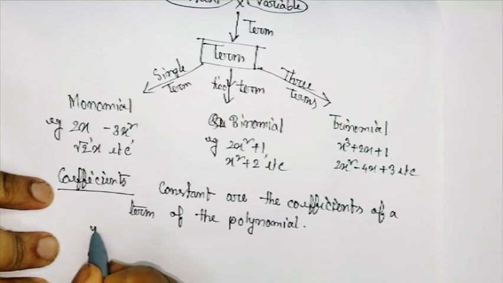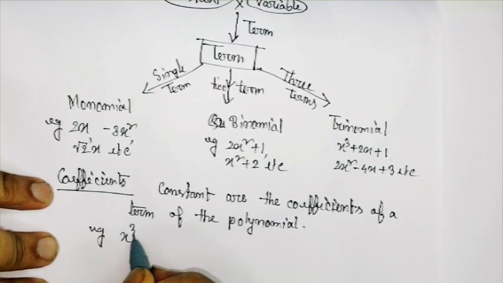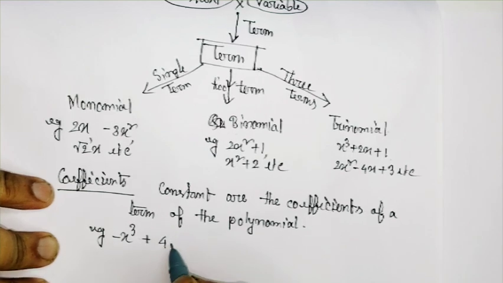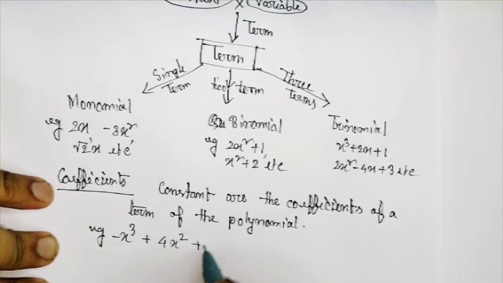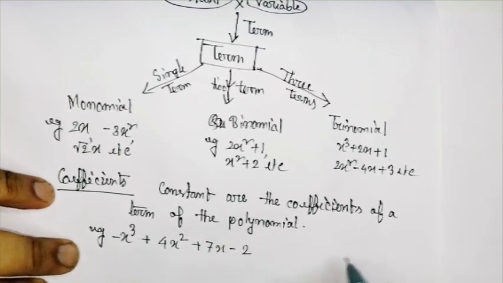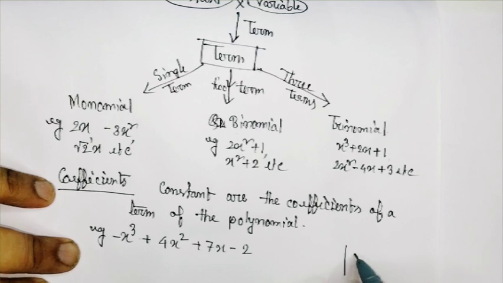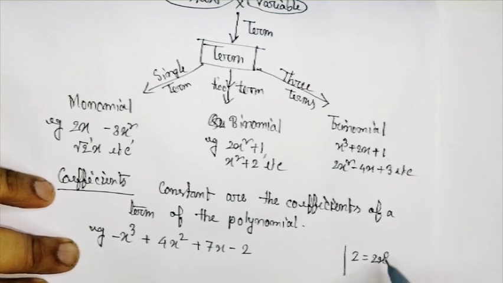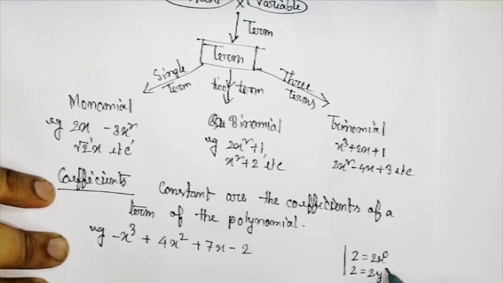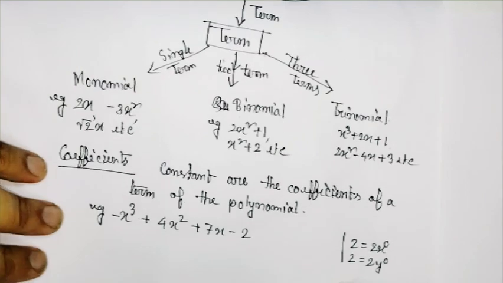So for example, minus x cube plus 4x square plus 7x minus 2. A constant term can be written as, suppose 2, written as 2 into x to the power 0 in variable x, also written as 2 into y to the power 0 in variable y.